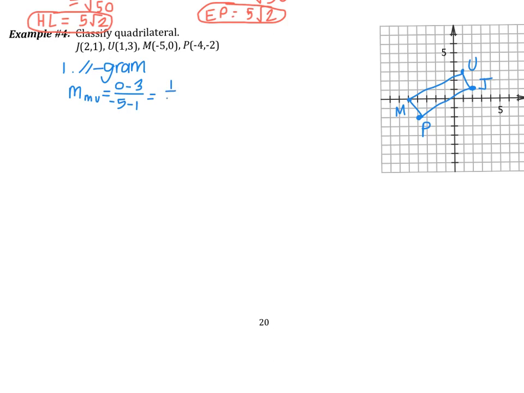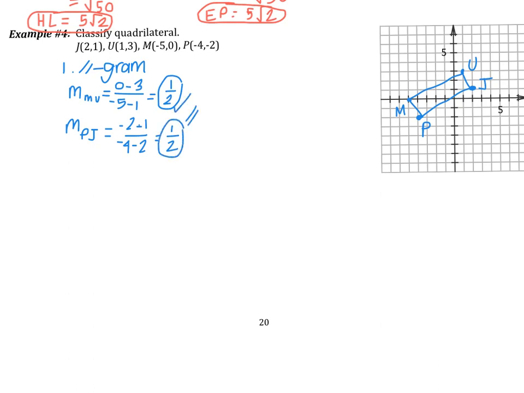Well, that is a positive 1/2. My side opposite of MU is PJ, which is -2 minus 1 over -4 minus 2. So it's again -3 over -6, so that is 1/2.